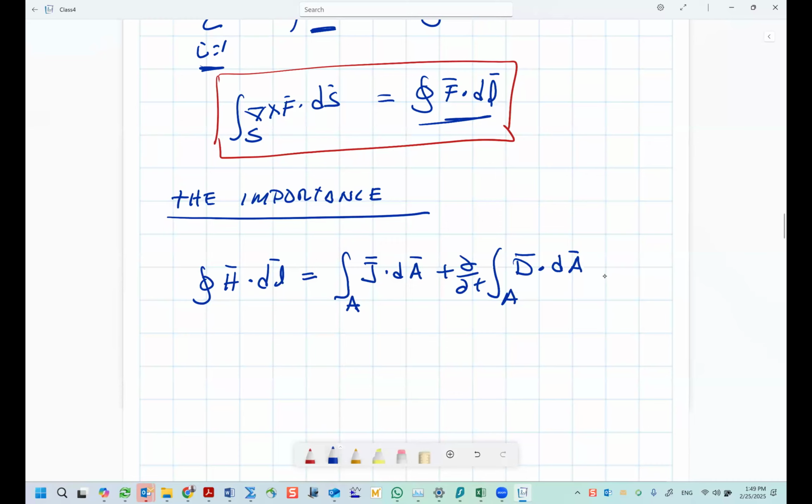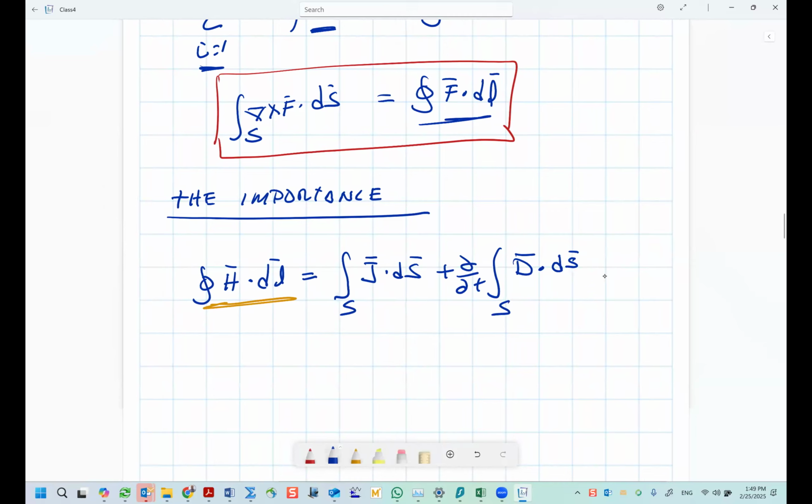Okay, so this is very important because I want to change this to surface instead of area. Surface. Yeah, and this is surface.